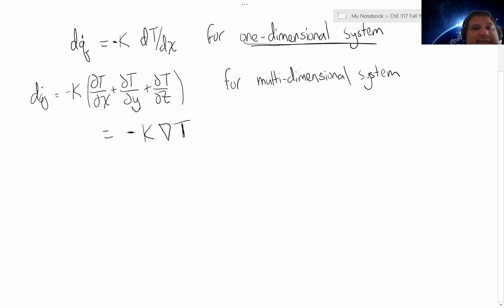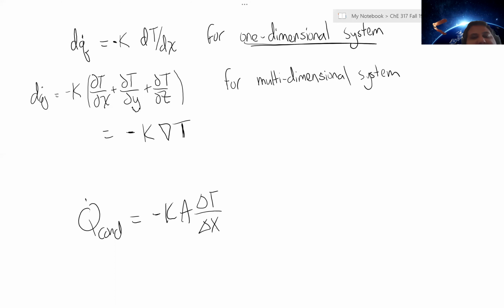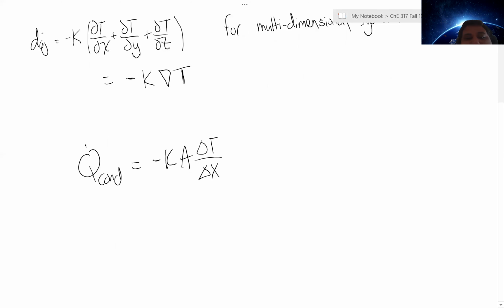Looking at one-dimensional systems, we can simplify our expression, which we've done in the past with Fourier's law. If I'm looking at a simple material, I can identify the conductive heat transfer through that material as the thermal conductivity times the surface area times the temperature difference over this material divided by the material thickness.